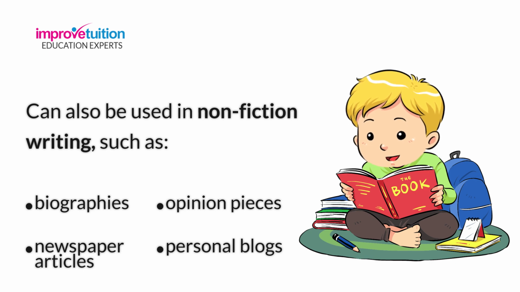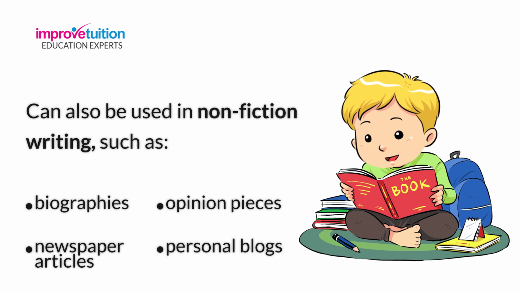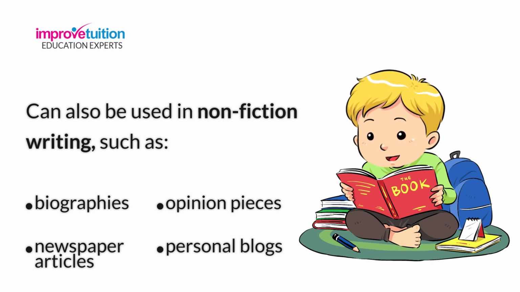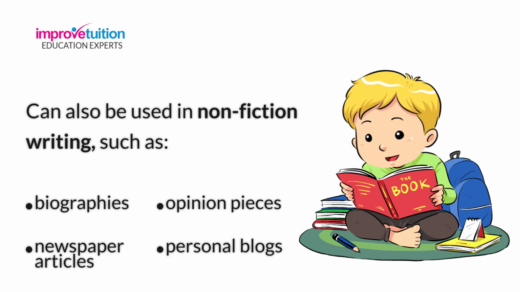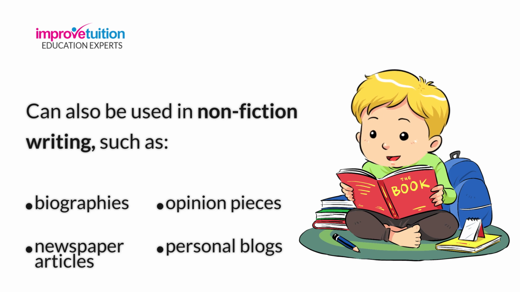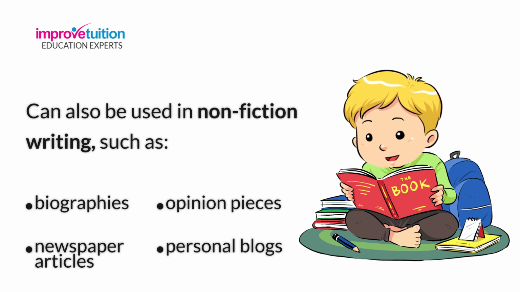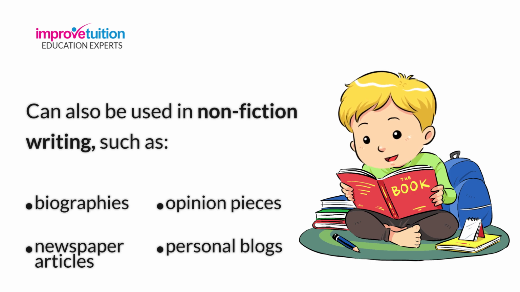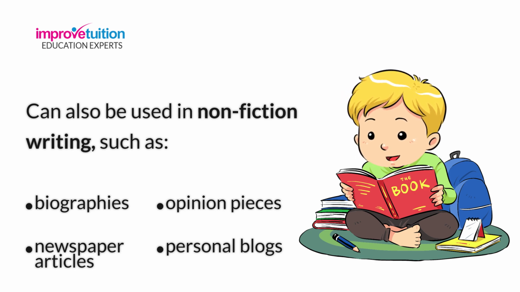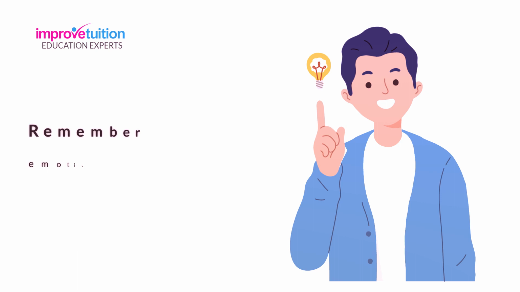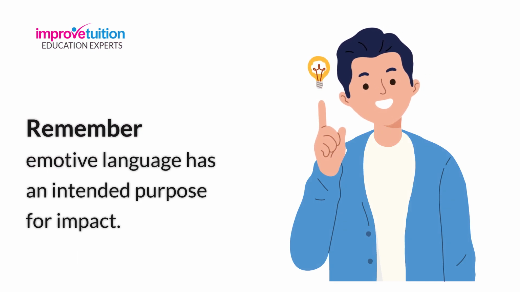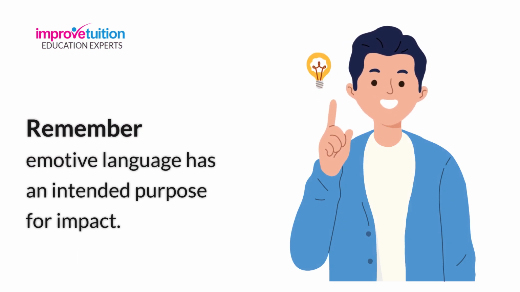And writers deliberately do so in order to have a particular intended purpose, intended impact, intended effect, so that basically the writer is then influencing, persuading the reader in a way that they choose. So it's all intended. In short, remember, emotive language has an intended purpose for impacting the reader.